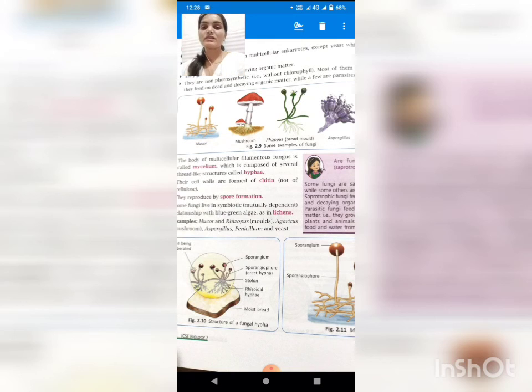I'm just explaining it once again: lichen is an example in which fungi and algae live compactly together. A symbiotic relationship is the kind of relationship in which two individuals benefit each other, and they do not harm each other.